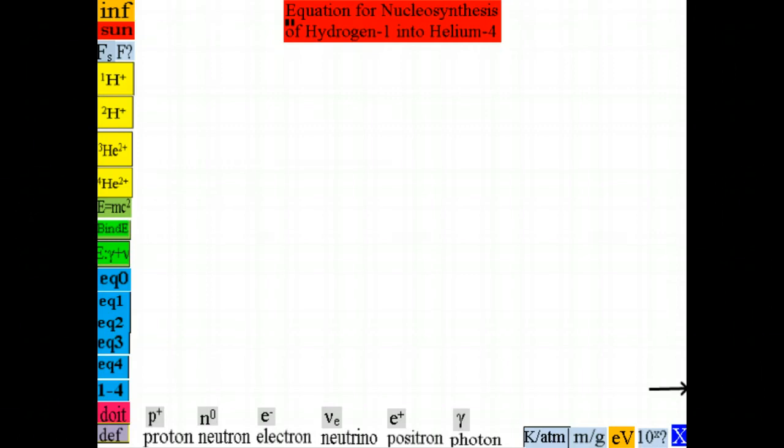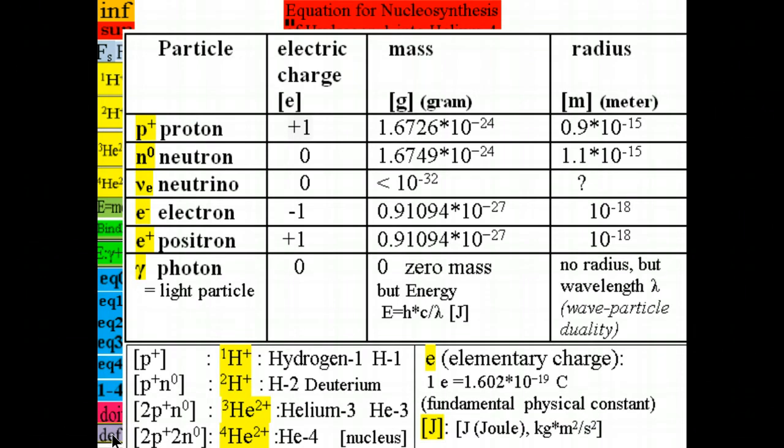In our previous video, you learned what protons, neutrons, electrons, neutrinos, positrons, and photons are. If you need to repeat these definitions, please double left click on definition and study that table.